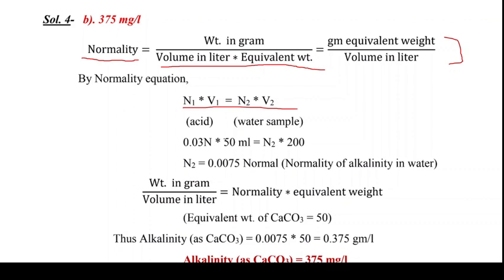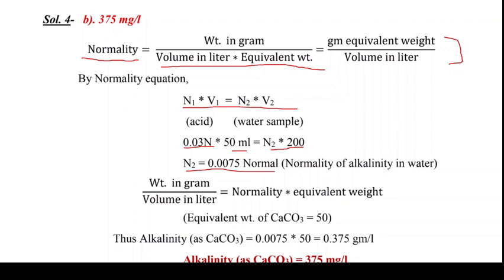For acid and water sample, N1V1 is for acid and N2V2 is for water sample. So N1 is 0.03 normal into 50 ml. We need to find N2 for the water sample alkalinity, into 200. So from here we got normality as 0.0075 normal.